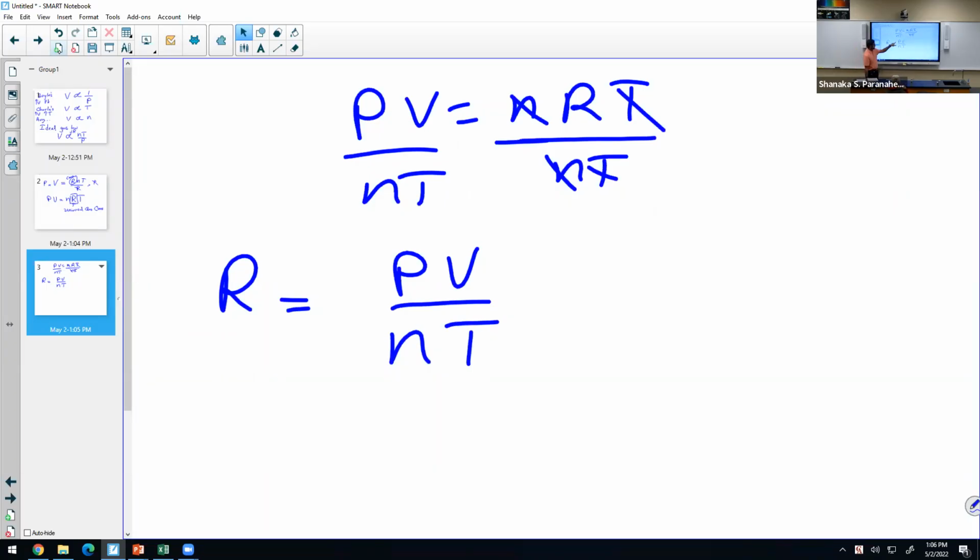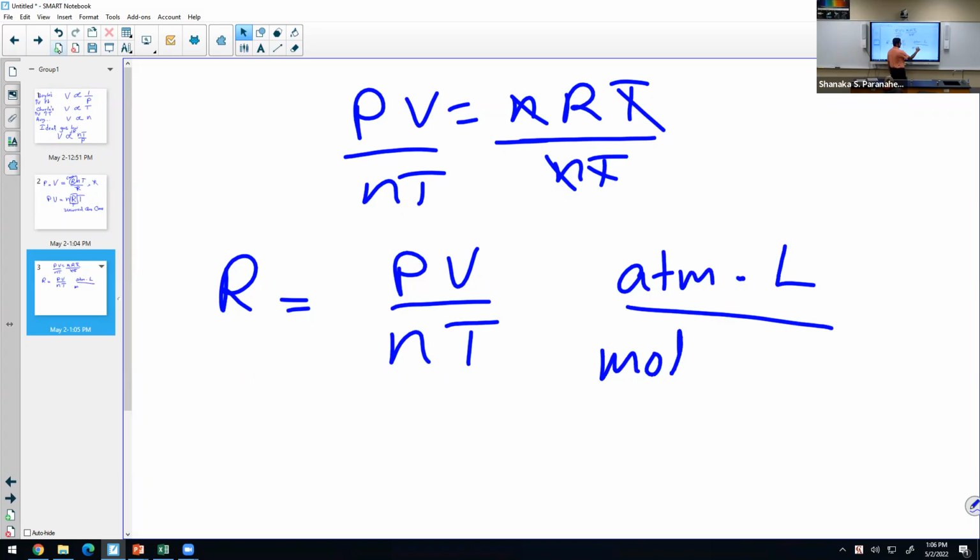We discussed the units for pressure. We can use atm, volume in liters, divided by n, number of moles. Temperature in gas laws is always in Kelvin.